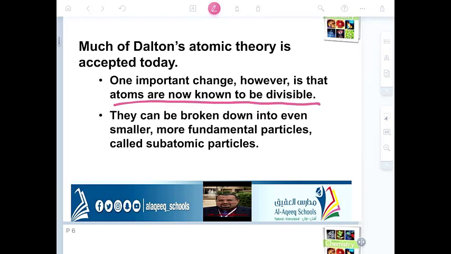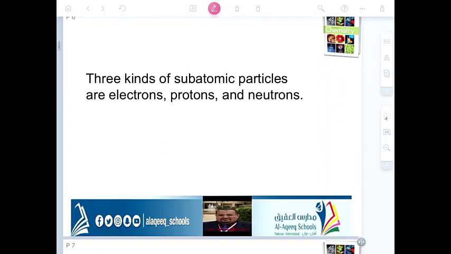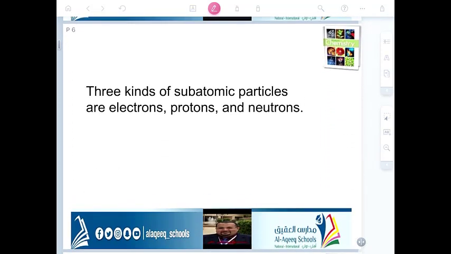They broke these atoms into smaller and smaller parts, and they found something called subatomic particles, as I said. So some ideas of Dalton are changed. As I said, we have three kinds of subatomic particles: electrons, protons, and neutrons.